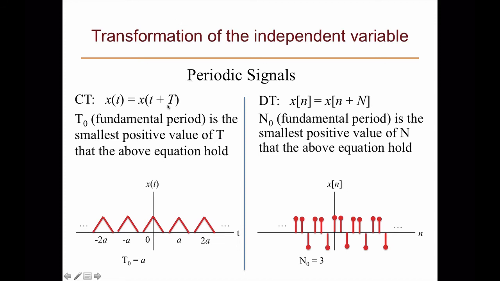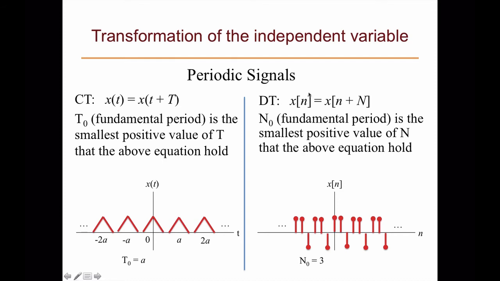That is the nature of the periodic signal. As shown here, the signal is the triangular signal with a period of a. So when you shift this signal xt by a period of a, you should get two signals that are equal. The same goes for the DT signal.